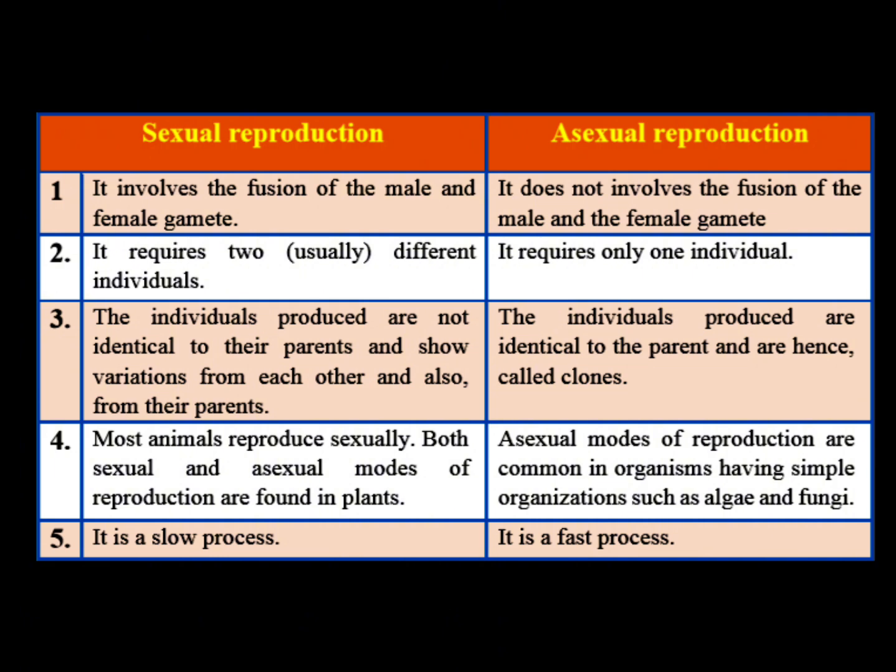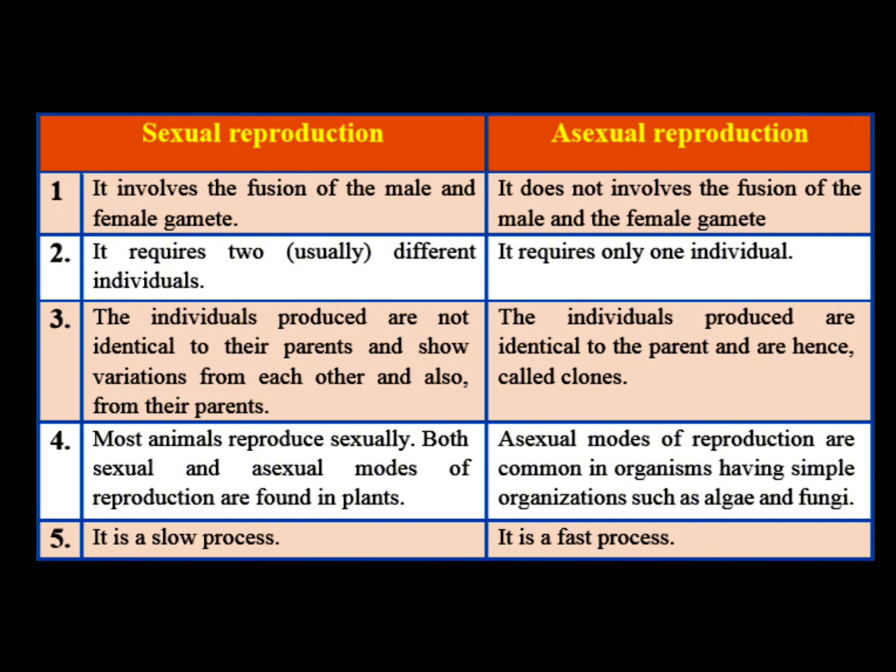So these are the differences. Sexual reproduction involves the fusion of male and female gametes, and asexual reproduction doesn't involve the fusion of male and female gametes.